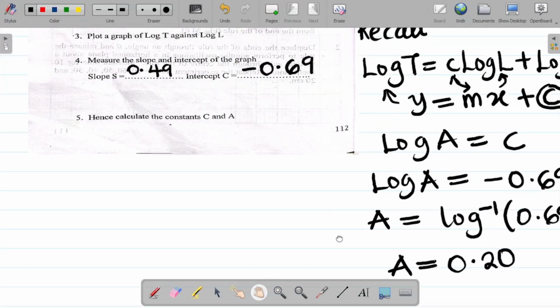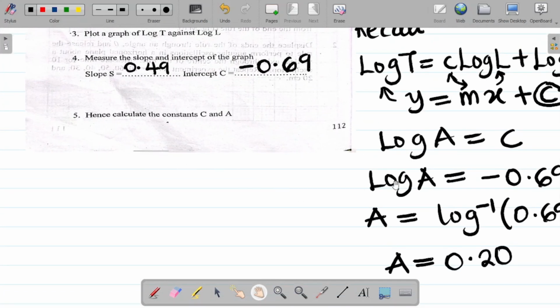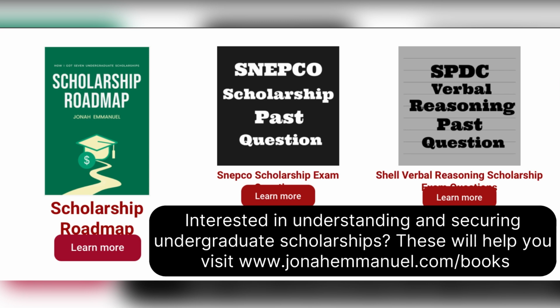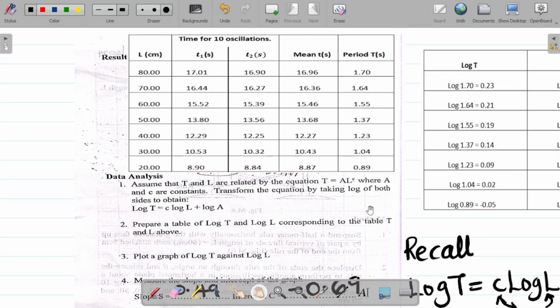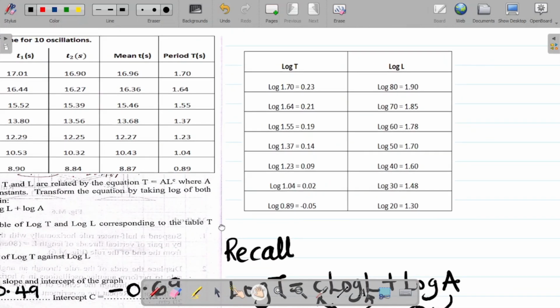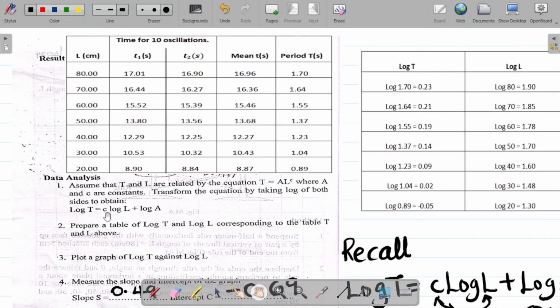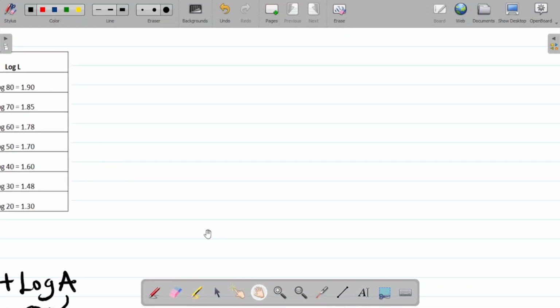How do you calculate C? The question says calculate the constants C and A. So let's get the value of C and A. What you do is go back to the equation where you have log T is equal to C log L plus log A. So let's get this done.